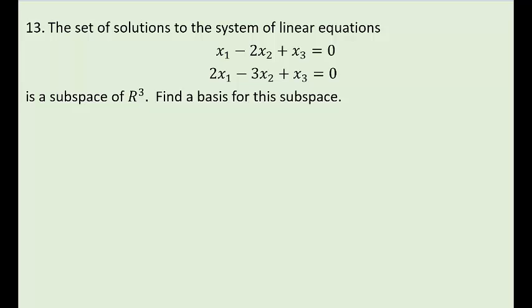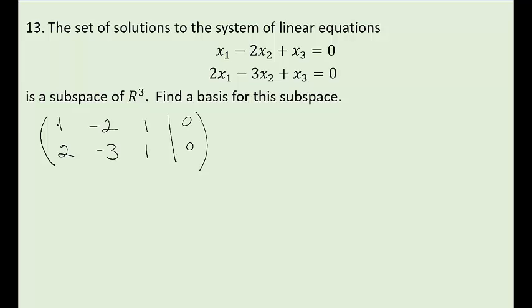So instead of adding equations together and switching places and multiplying through by constants, I'd like to just get rid of the x1, x2, x3. And so I take the coefficients and put them into a matrix of coefficients. So we have 1, -2, 1, 2, -3, 1, and our constants on the other side are 0.